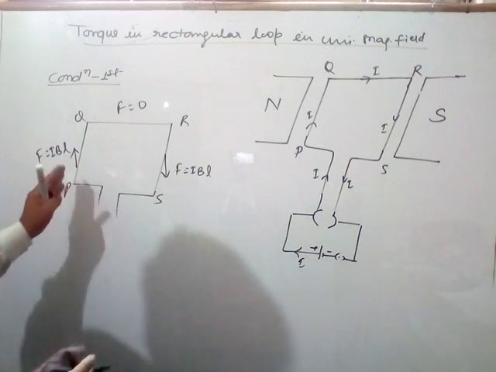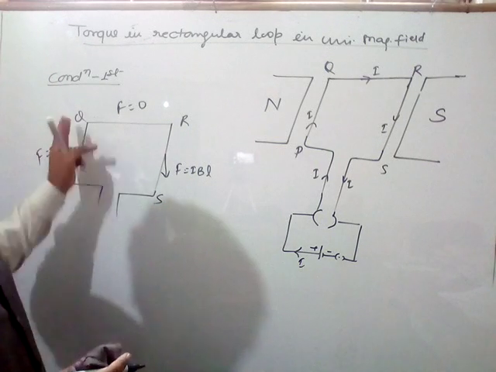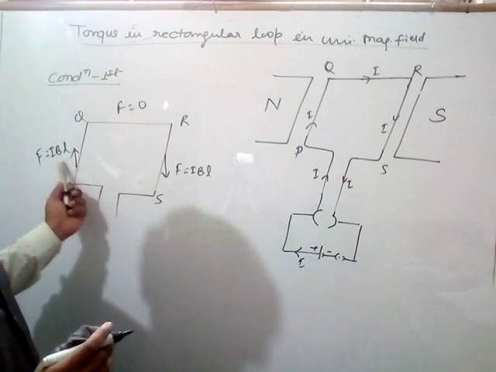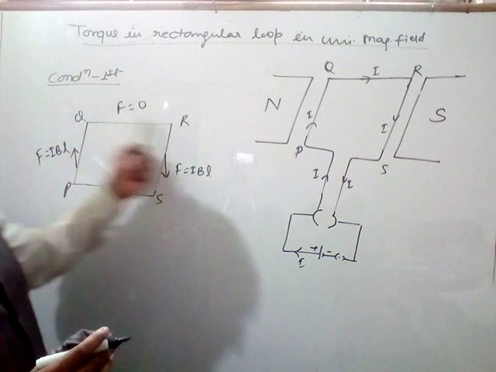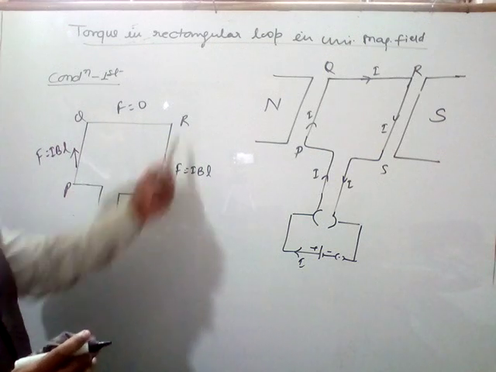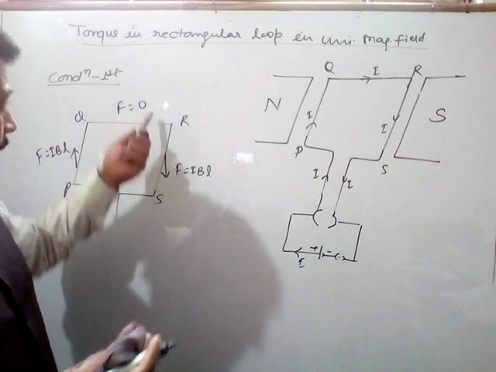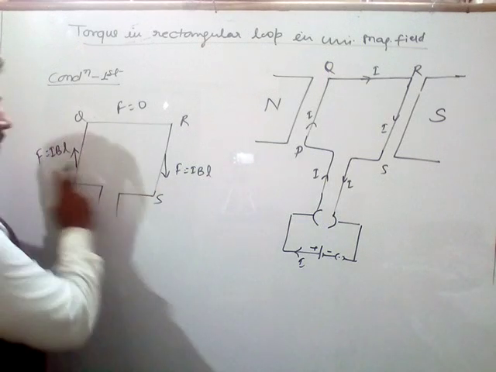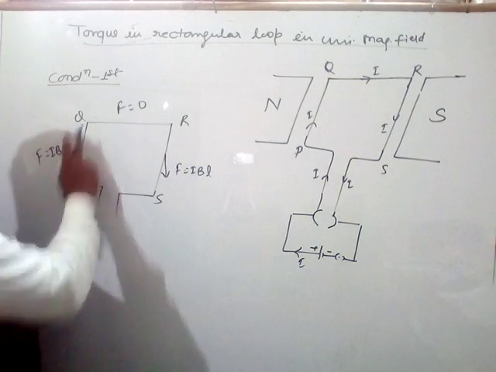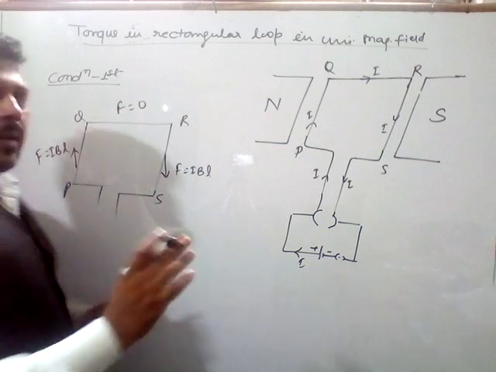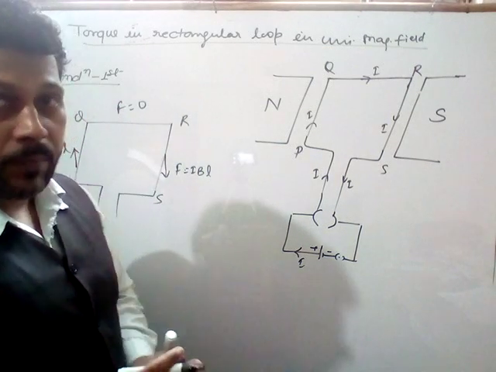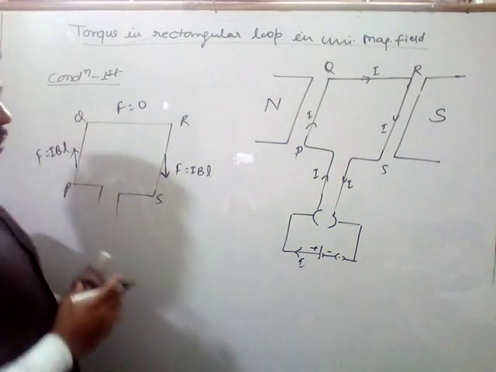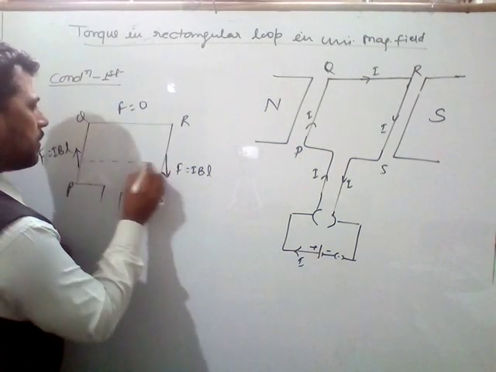Whenever these two sides PQ and RS are perpendicular to the magnetic field, the force will be maximum, and the other two sides, QR and SP, will be parallel, where the force is minimum. Let me consider these sides PQ and RS perpendicular to the uniform magnetic field. So the forces are maximum, equal and opposite, and here produce some torque.